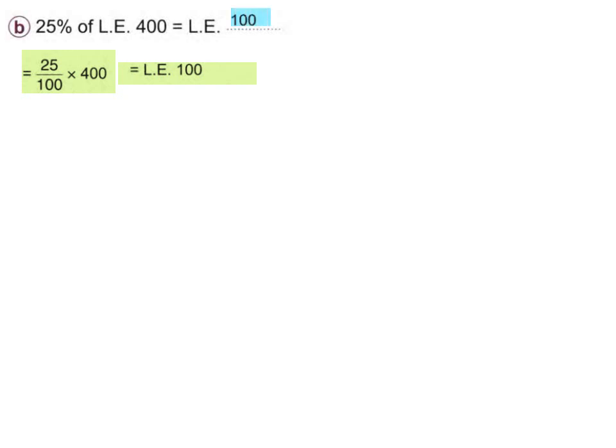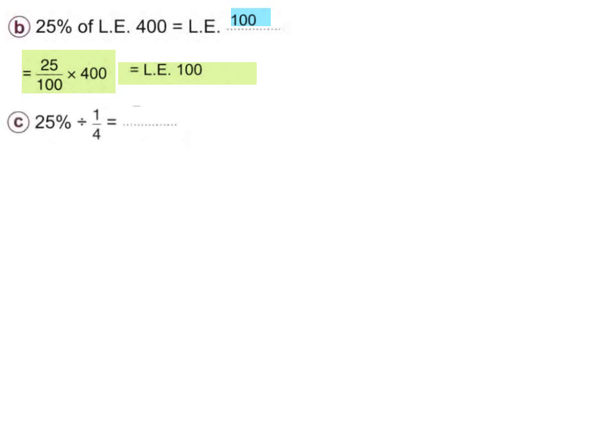So we put 100. Again, if they ask me to complete 25% of 400, write 25% as the fraction 25 over 100, and multiply it by the total number 400. 25 over 100 times 400 equals 100 LE. So 25% of the total number 400 equals 100.